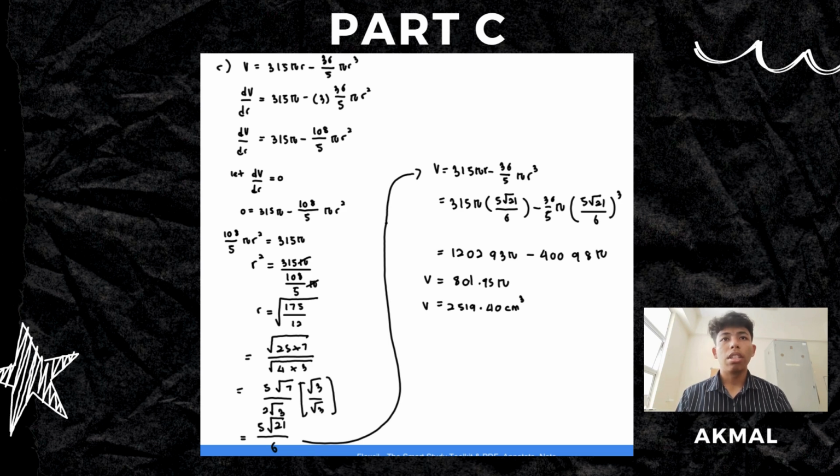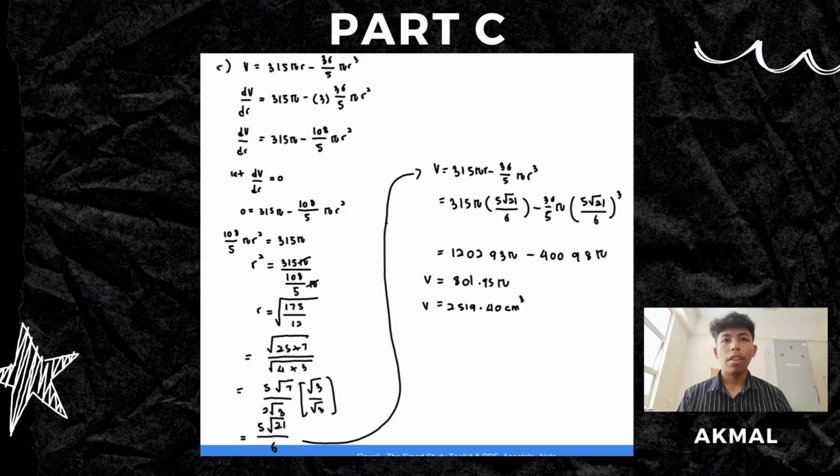And after that, we will need to place the 108 over 5 pi on the right side, and it becomes divided by 315 pi. And after that, we will get 175 over 12. And then for r squared, we change the power to the right side, and it will become the square root of 175 over 12.